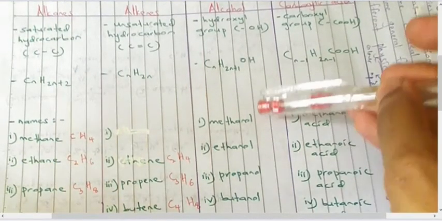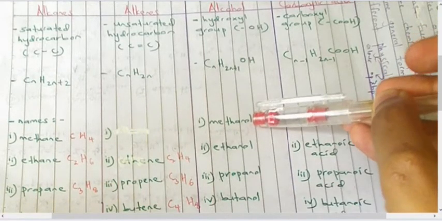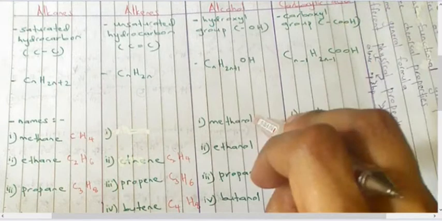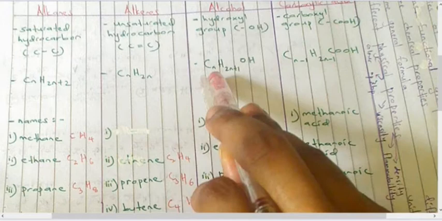For example, methanol, like I told you, has only one carbon. If you start with meth, then we have one carbon, so we can substitute 1 into n. So it will become CH3OH.